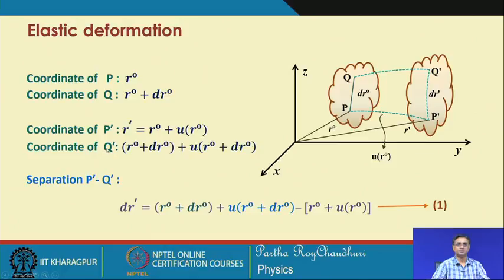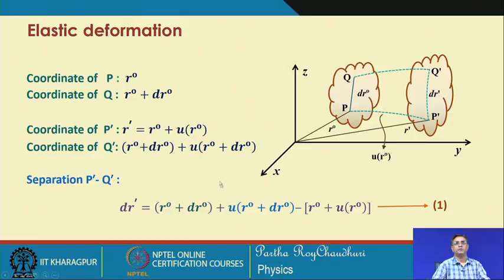The original separation between P and Q was d r 0, but the separation under deformation is d r dash, which is just the difference of these two. So, we can write r 0 plus d r 0, then minus of this quantity.